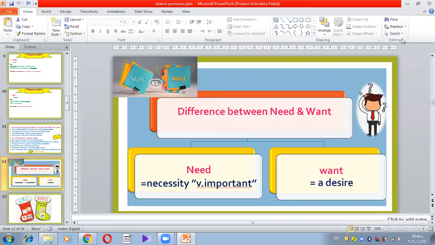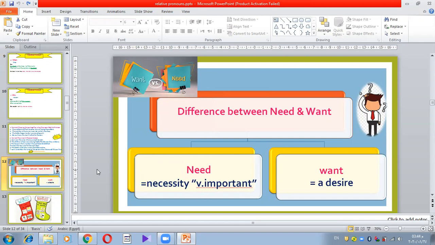One more thing we are going to take today is the difference between need and want. What's the difference between them? Mostly, need is when you are talking about something that is very important for you, or very, very important to succeed or to live. For example, can people live without water?